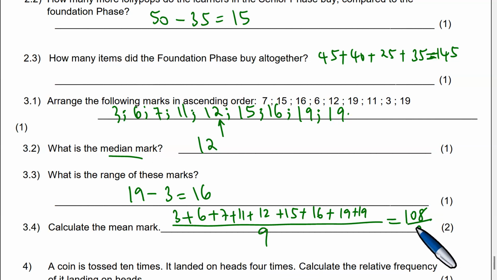And divide through by 9, and what do you get? You get 12. That's correct. And so the mean mark is what? The mean mark is 12. Next question.